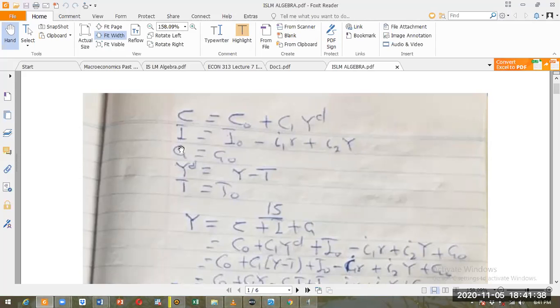Then government spending is taken as autonomous, so G is equal to G0. And then YD is equal to Y minus T. Disposable income is income minus tax. For the moment, limit the tax to just the lump sum tax, autonomous tax, so there's no income-induced tax. Let's just stick to this one.